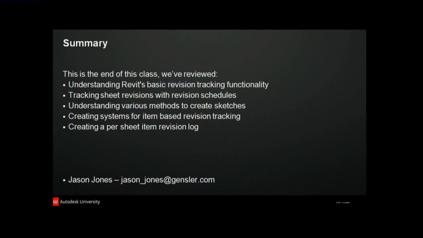It's simple. One thing I didn't mention was it's probably a good idea when you're creating that generic annotation family to create types that are named to correspond to the different issues. Because if you do encounter a point where you need to issue something and you don't want to see tags from a previous issue, you can easily turn off your revision triangles in the revision settings.